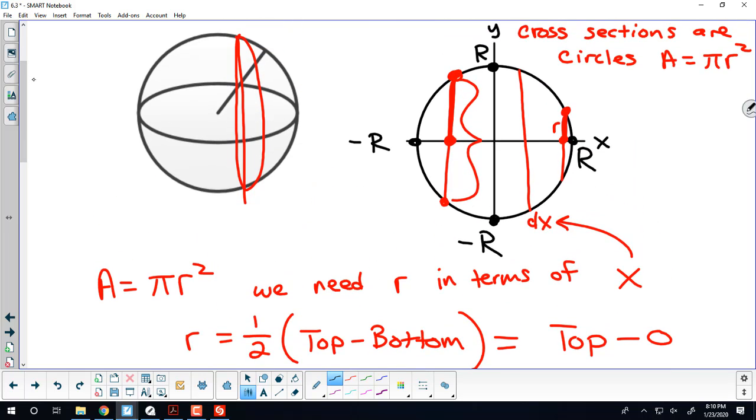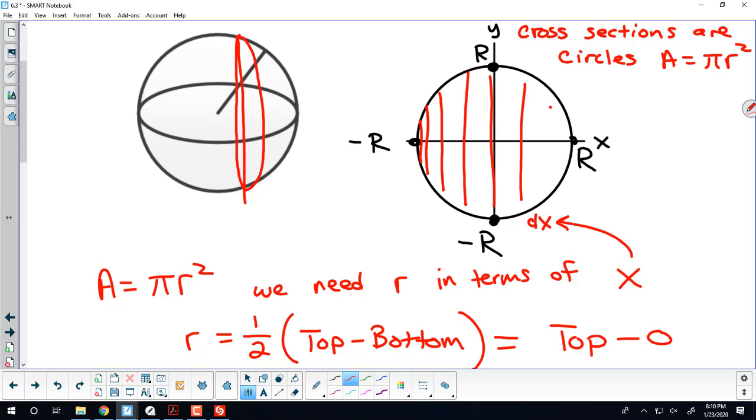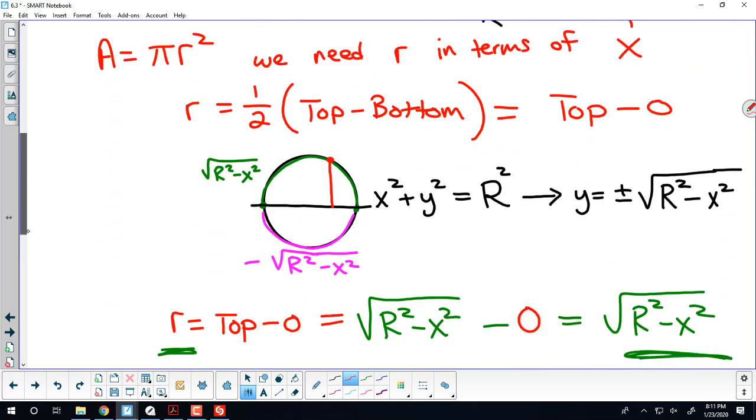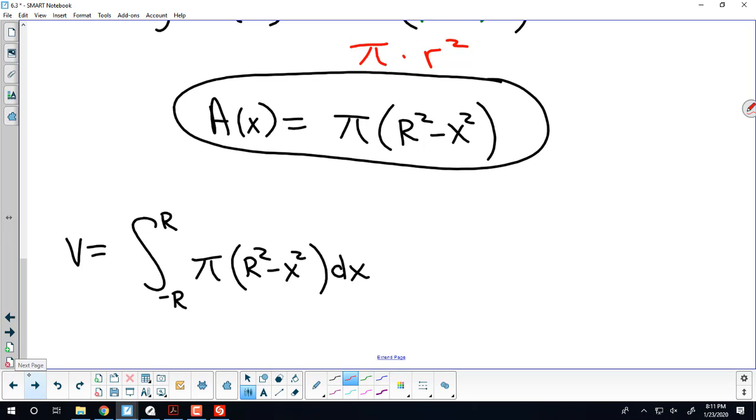We're filling this region up with these rectangles, so we have our slices that are running this way, right? So the cross sections all run from here to here, negative R to R. We're integrating with respect to x just because we were told to slice this way, right? So if you need to label these, those are both x values.